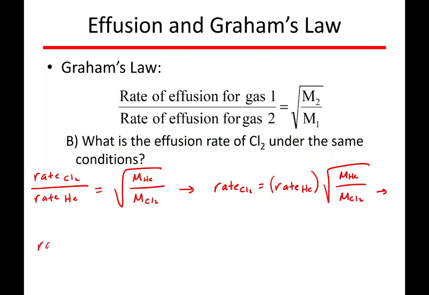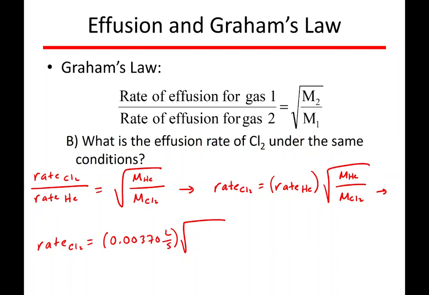Now we know what the effusion rate for the helium is because we found that in part 1 of the problem. We found that it was 0.00370 liters per second, times, and again with these molar masses, because you're taking a ratio, it doesn't matter what units you use as long as you're consistent. But just for the sake of argument, I'm going to use units of kilograms per mole because we have capital M here.